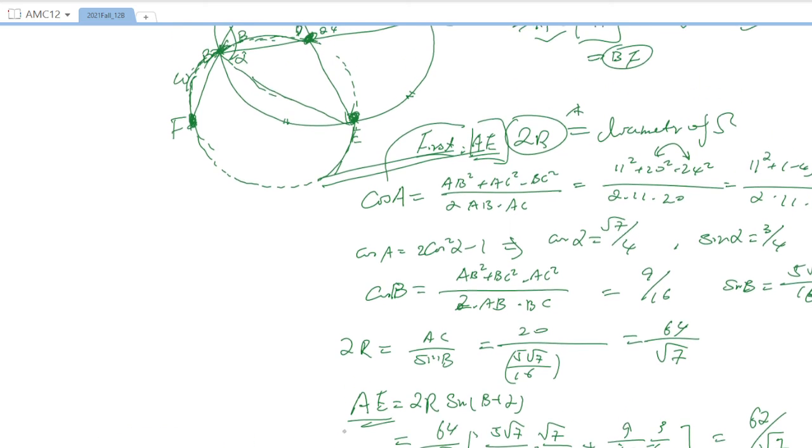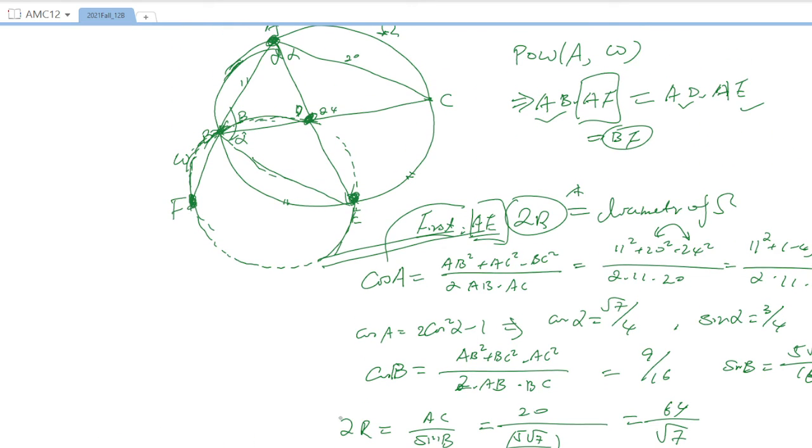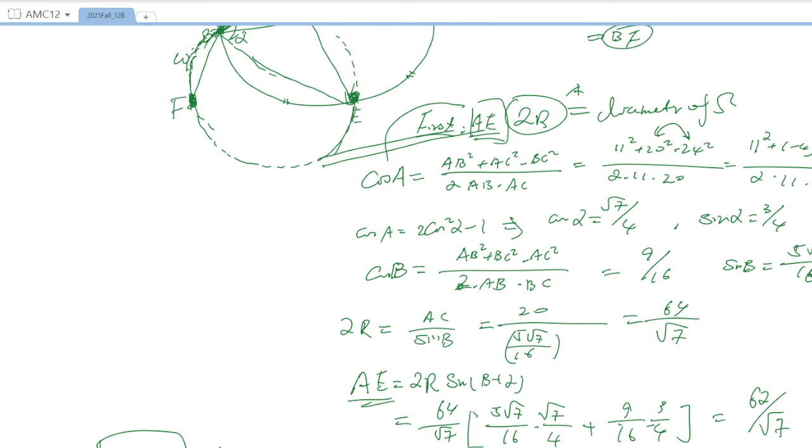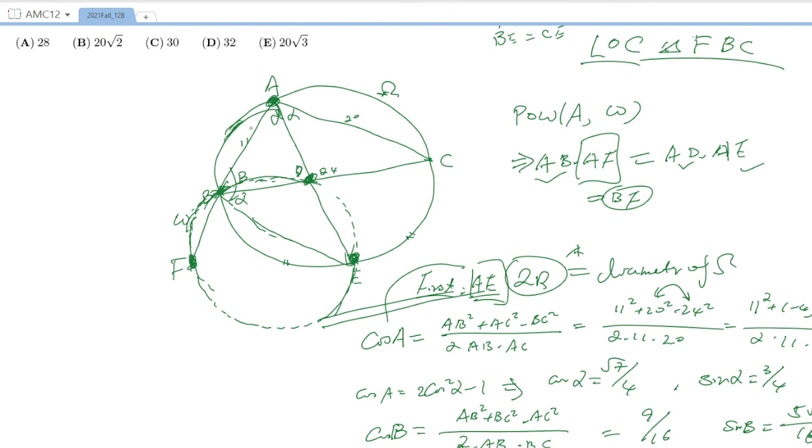So what we can have is AD and BD. BD over sine alpha equals AD over sine B. So we can have AD equal to BD times sine alpha over sine B, right? So how do we solve BD? BD is simple, right? Because from the angle bisector theorem, BD over DC is equal to AB over AC.